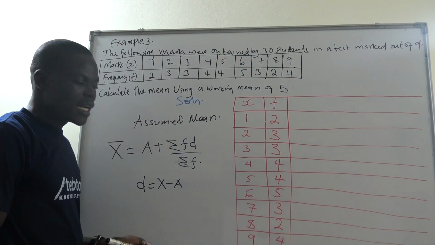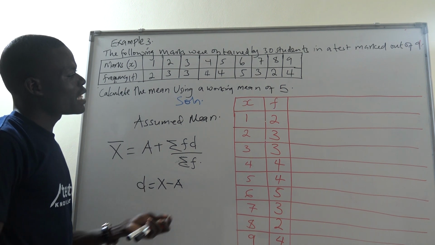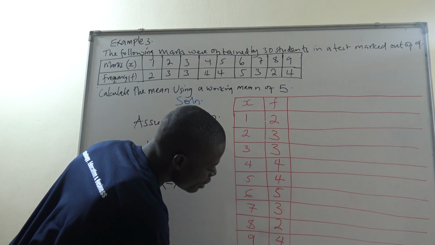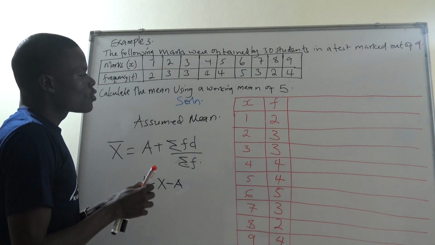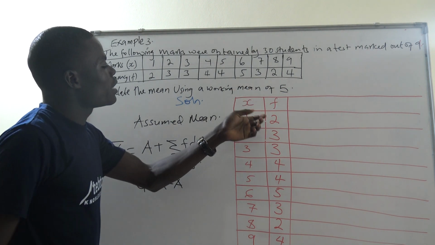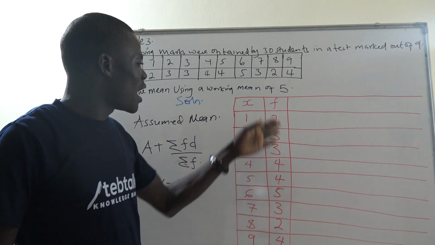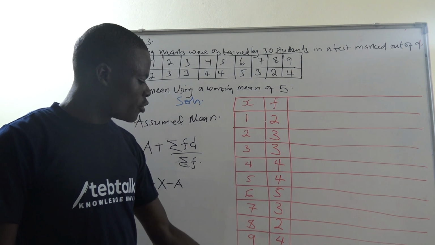Another thing we should say is that immediately after finishing the column of frequency, you must get the total. So you must sum the frequency and get the total frequency. Summing the frequency implies that you add each and every item in the column of frequency, and then you put the total down.